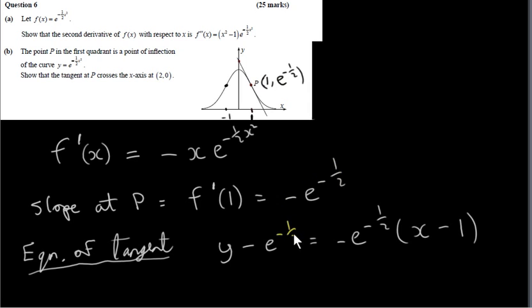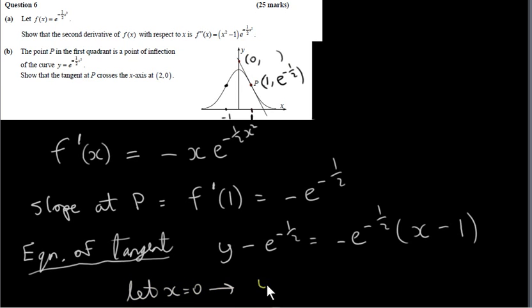I won't bother simplifying this. All we have to do to find the y value of where the line crosses the y-axis is to notice that the x value of this point is 0. So we just let x equal 0.